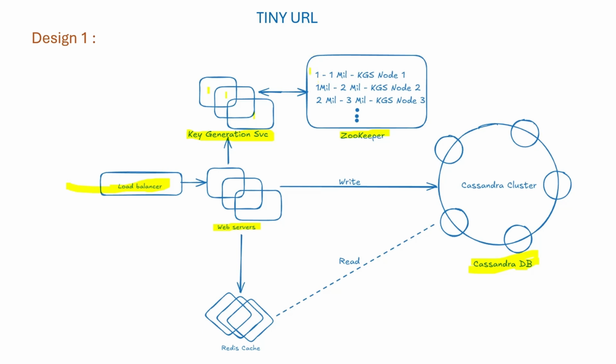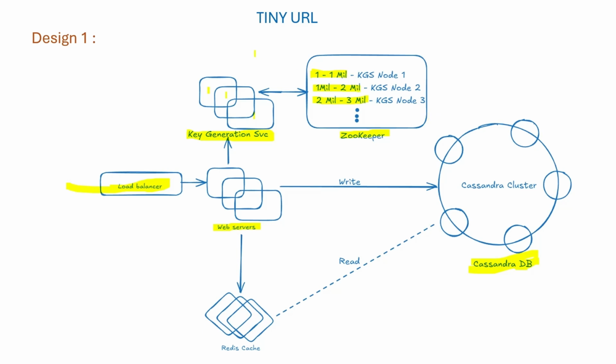Say node one would be getting from 1 to 1 million. It will be getting 1 million units, and node two will be getting 1 million to 2 million. Again, it will be getting 1 million unique numbers, and node three would be getting 2 to 3 million unique numbers, which will start from 2 million and end at 3 million.